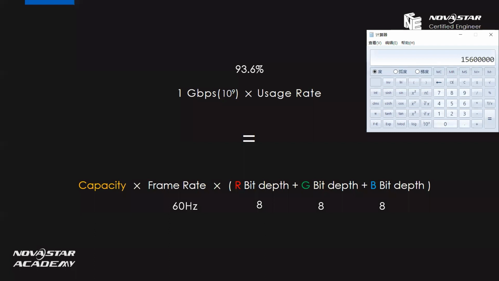And also we divide it by the color depth of RGB, 8 by 8 by 24. So here, after calculating, we can get the loading capacity is 650,000 pixels.